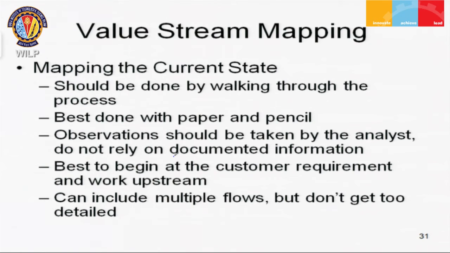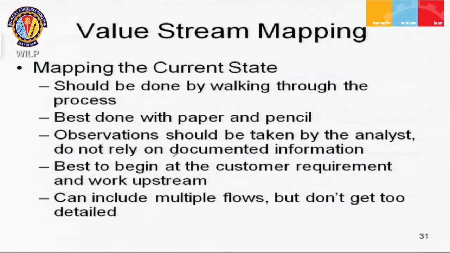One of the things that is recommended is, if you try to map each and every thing that happens to each and every part, you will end up with a map that is so complicated and of very little value from the standpoint of analysis. So although when multiple flows do occur, you can include them in your value stream map, it is not important to map each and every flow.